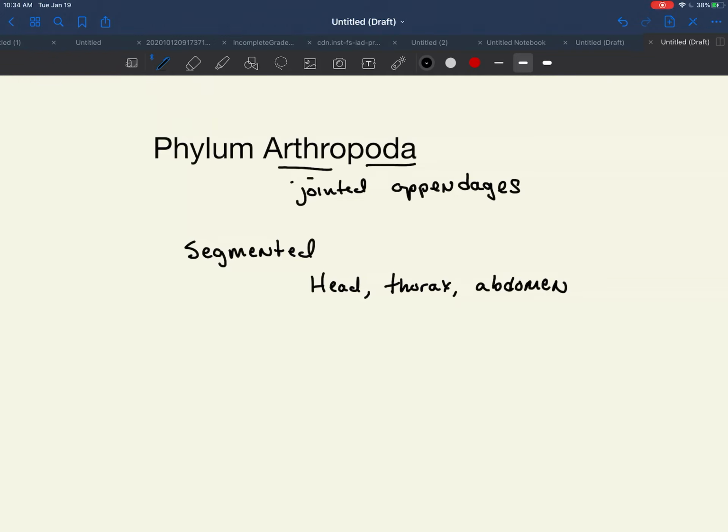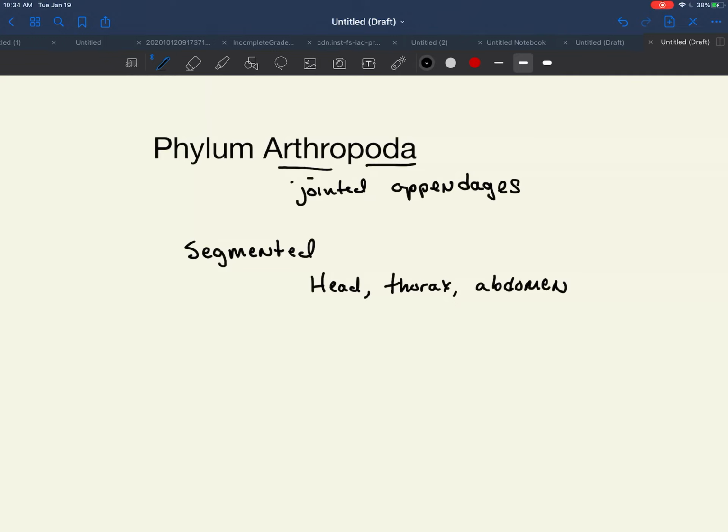Compared to annelids, they have reduced segments, and the segments have fused and become specialized. The head, for example, consists of segments that had appendages that became fused, and those appendages include the antennae, but in many cases also the feeding mouth parts.